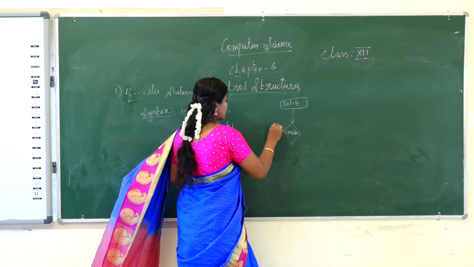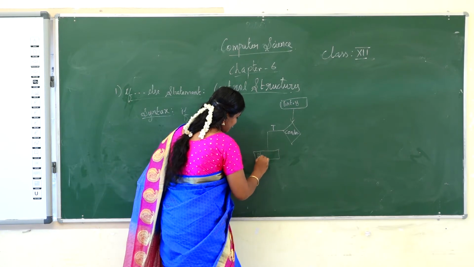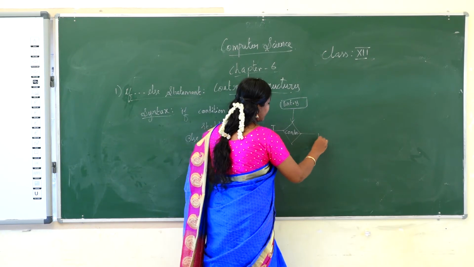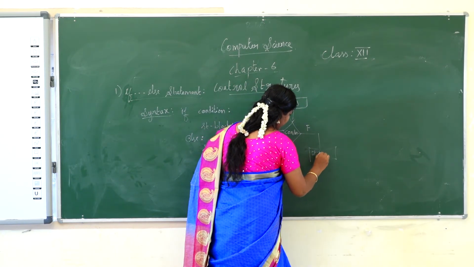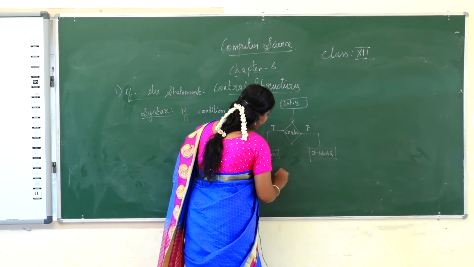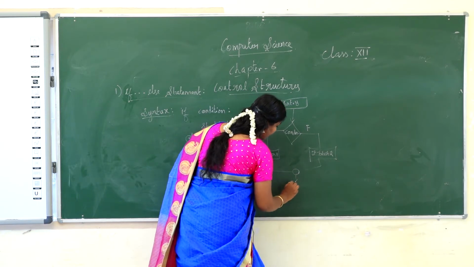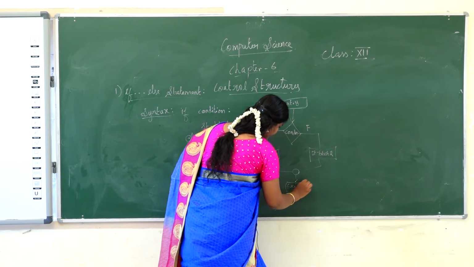If the condition is true, statement block 1 is executed, and if the condition is false, statement block 2 will be executed. Okay, either statement block 1 or statement block 2 will be executed and then it will get out of the loop.